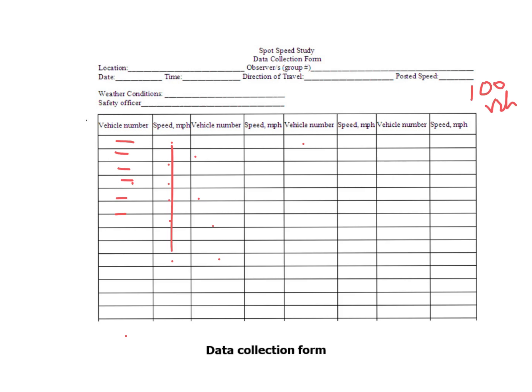Now, once the data is ready, next is the representation of how the values have to be presented. You will have the speeds of various vehicles. Now we have to count how many vehicles are traveling at a speed of 10 to 20 kmph.